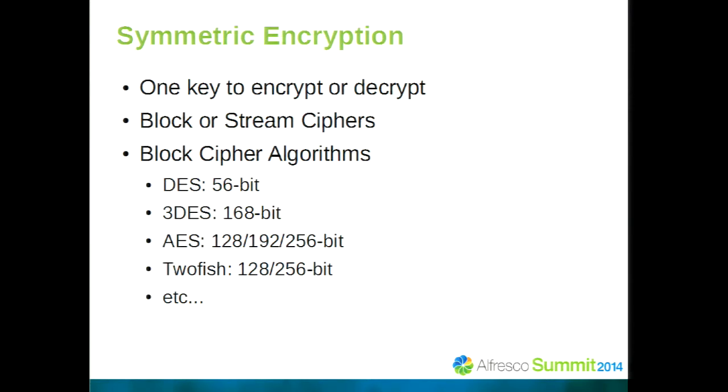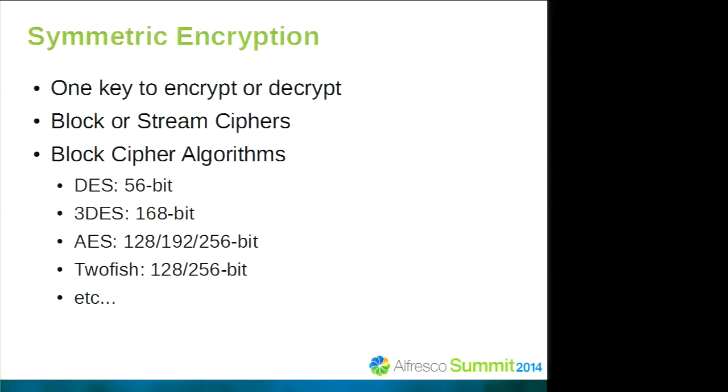Most of these are block ciphers. There are stream ciphers, which I don't want to get into on this, but for block cipher algorithms, these are your popular ones. DES is the old one. Triple DES or 3DES, I think IBM came up with the idea, and it's basically apply DES forward, apply it backwards, and then apply it forwards again.